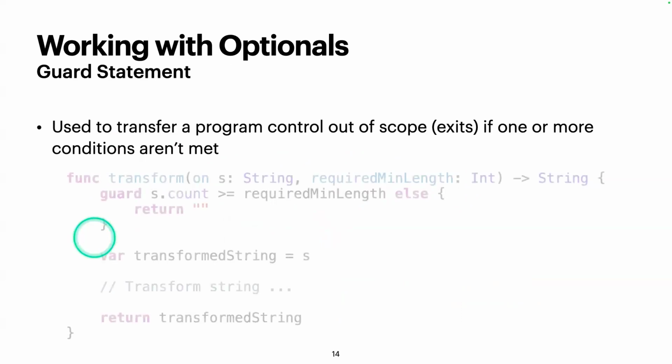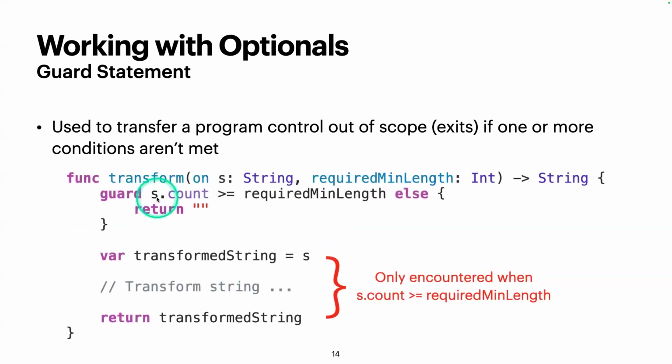What it's saying is, we're going to check to see if this condition is true or false. Is the length of the string greater than or equal to the required minimum length that we specified here? If that is true, we continue onwards with the rest of the function and perform some kind of operation or manipulation. But if this is false, we jump into this else clause and return or exit out of this function.